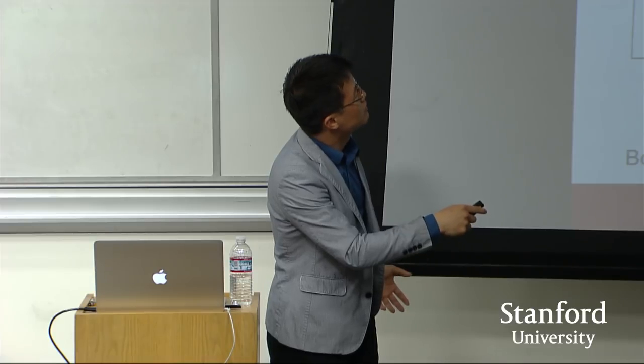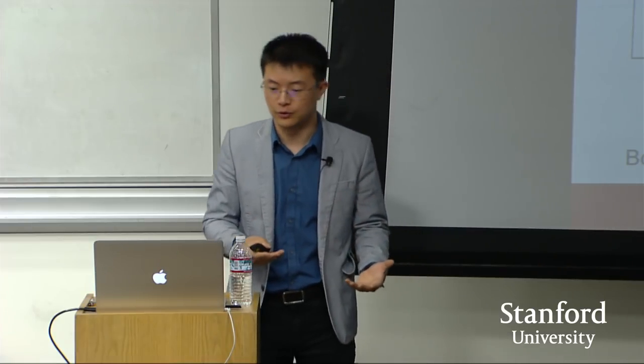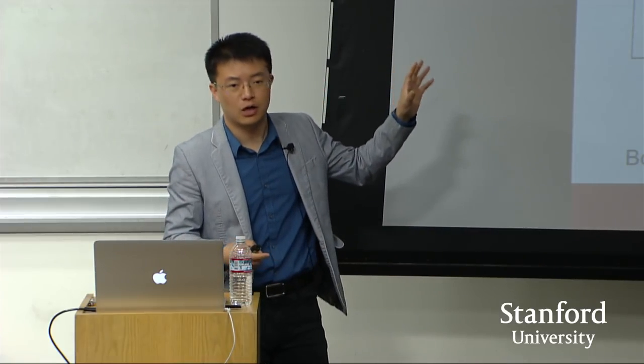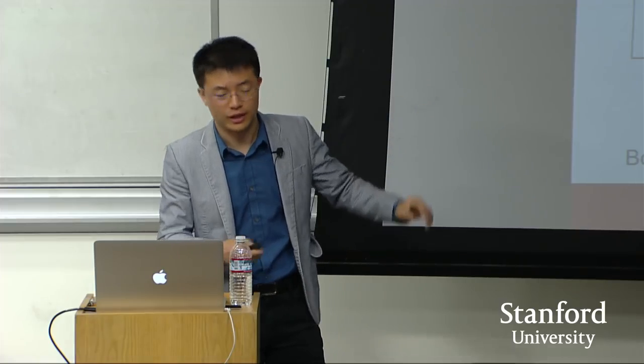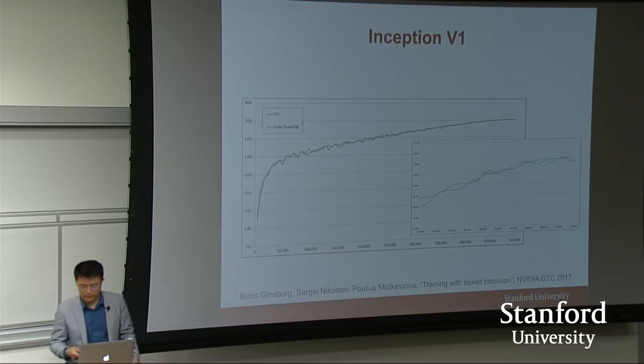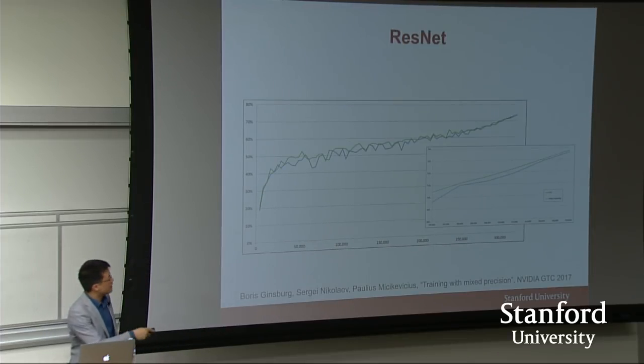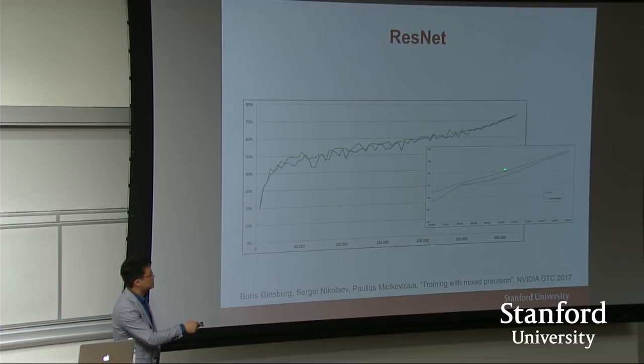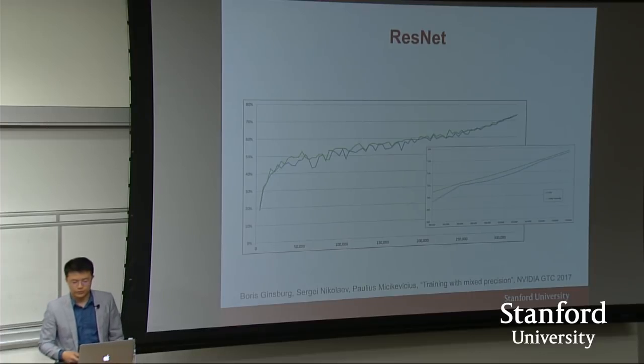The convergence between floating point 32 versus the Volta TensorOp, which is basically the mixed precision training, is pretty much the same. If you zoom in a little bit, they are pretty much the same. And for ResNet, the mixed precision sometimes behaves a little better than the full precision weight, maybe because of noise.